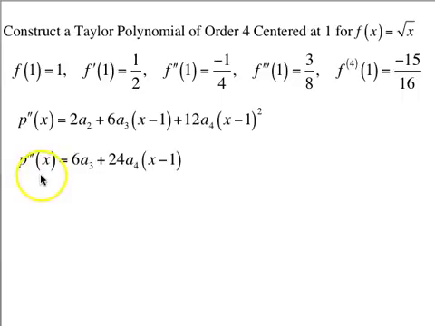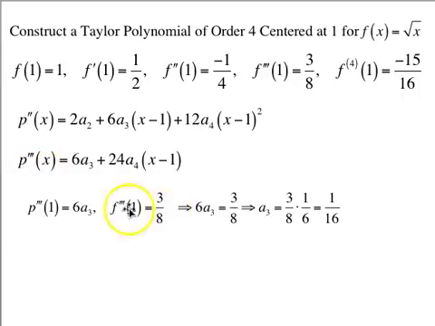So p triple prime of 1 will be 6a3. f triple prime of 1 is 3/8. Knowing that, 6a3 has to equal 3/8. So a3 is 3/8 times a sixth. Notice 3 goes into 6 twice. That cancels. 8 times 2 is 16. So we get a3 is 1/16.